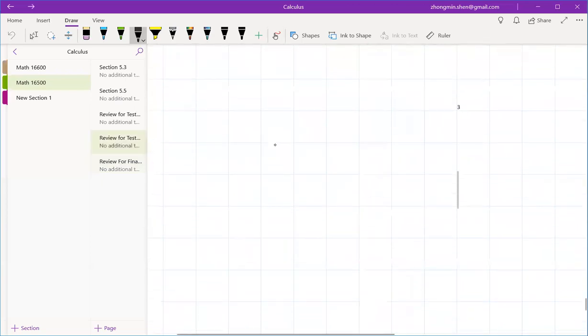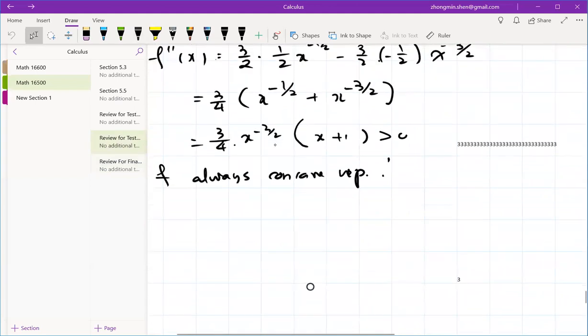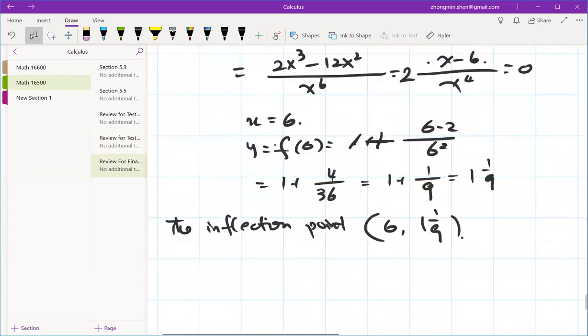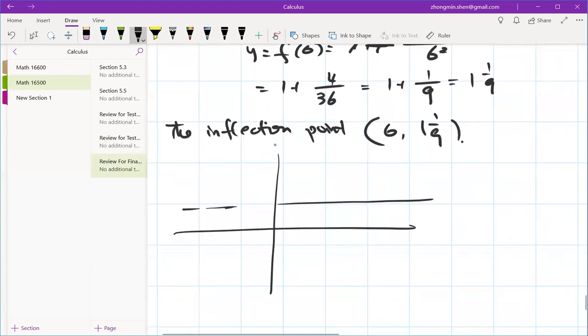So remember, right? This is the picture, right? This is horizontal, right? And this is 1, 2, and here's 1.